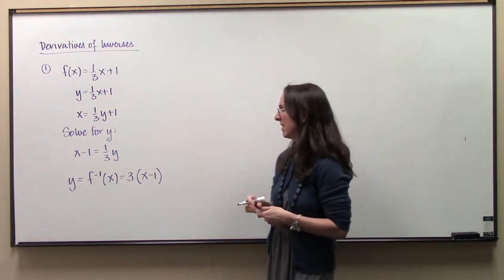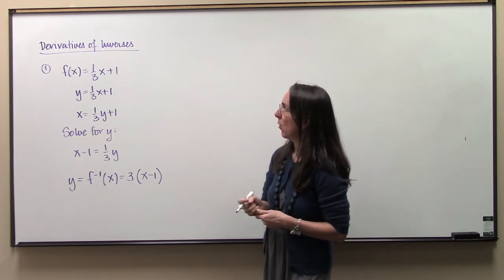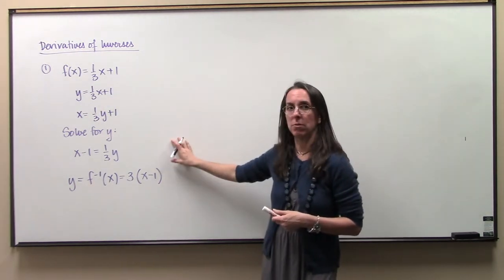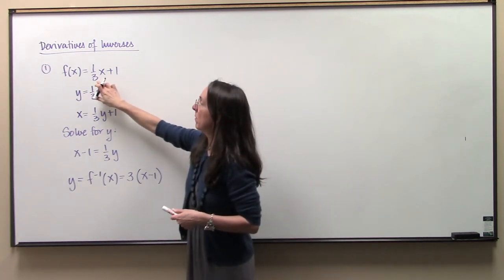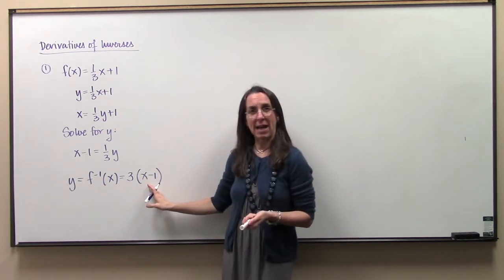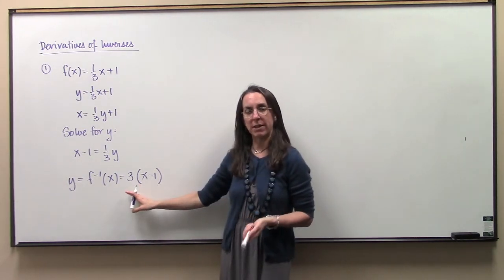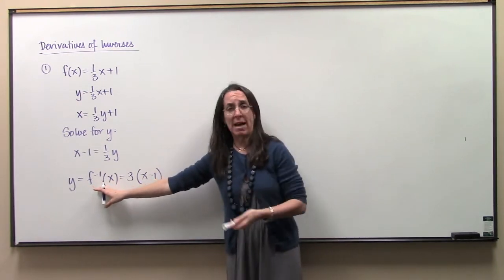I hope that you do. It's not hard to think about. So that's reminding you how to find an inverse. And again, we divided by 3 and added 1, and it turns out that the inverse subtracts 1 and multiplies by 3. So f inverse really does undo what f did, right?